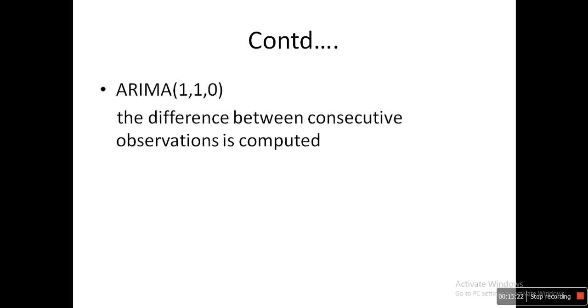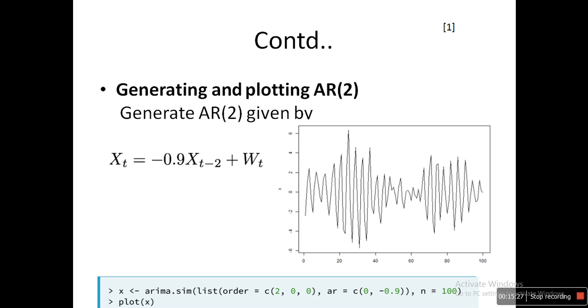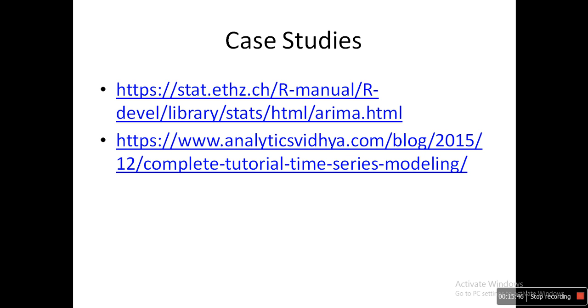The arima.sim is usually for simulating the data for an ARIMA model. After generation, we have to fit the ARIMA model. To fit the ARIMA model, the corresponding R function is arima. You can refer to the complete arima function from the first site given here.